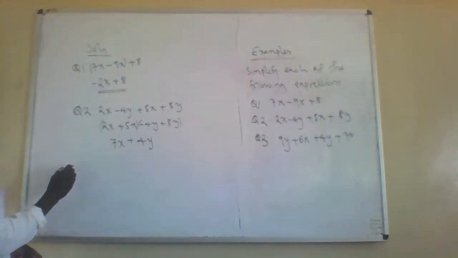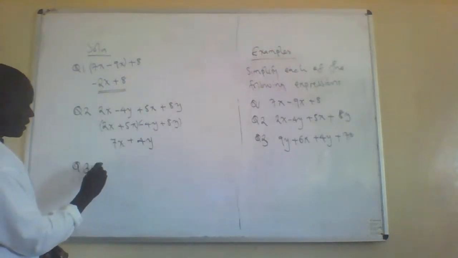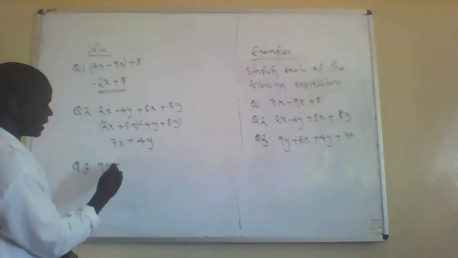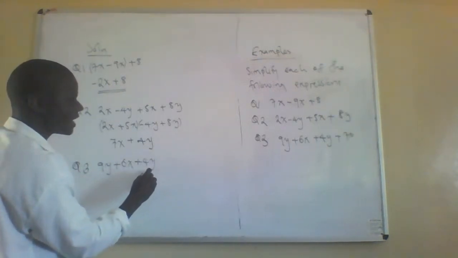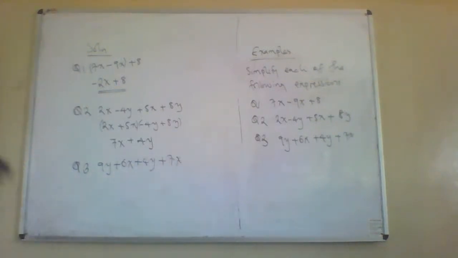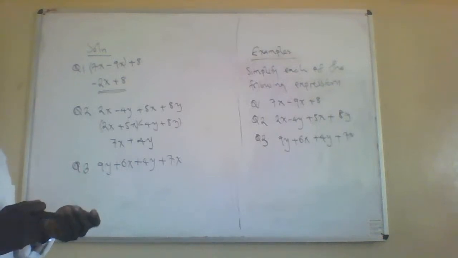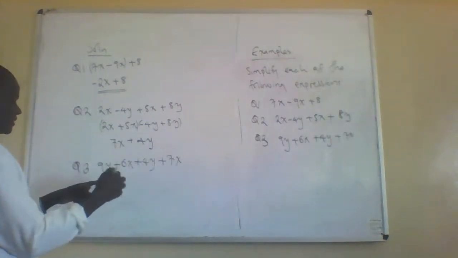We get to the third and the last question. We have 9y plus 6x plus 4y plus 7x. First thing first, like terms. Okay, so we're going to group those terms that are like.